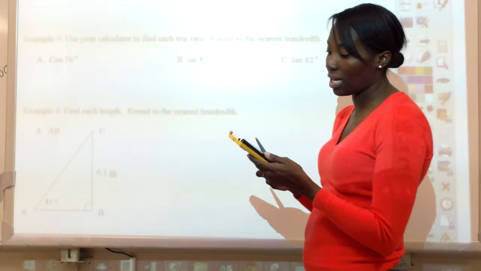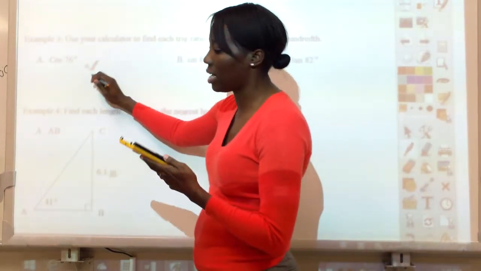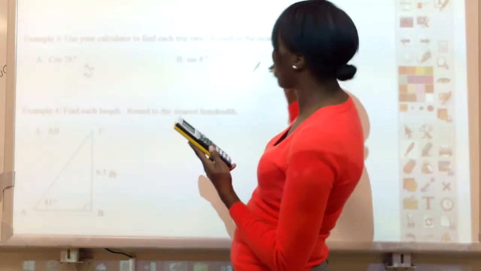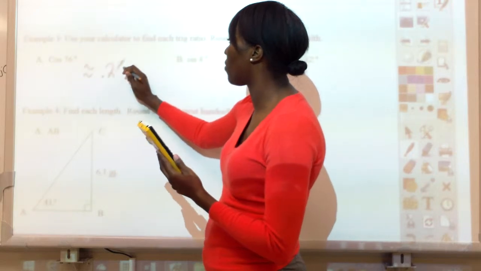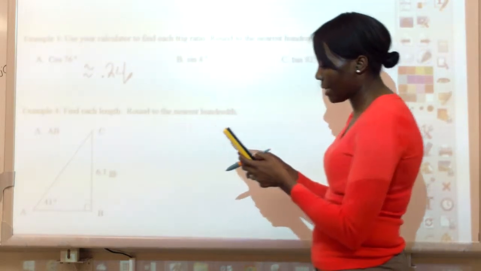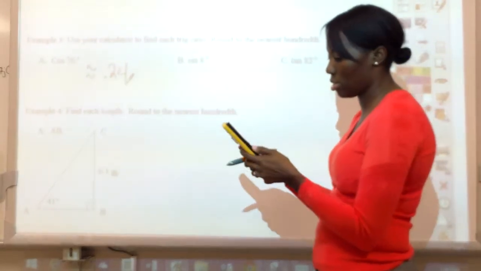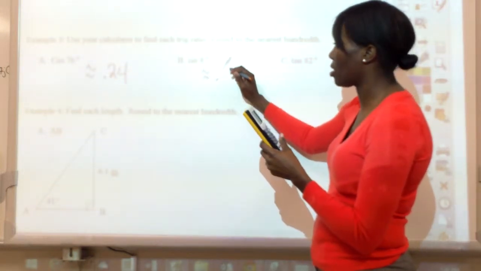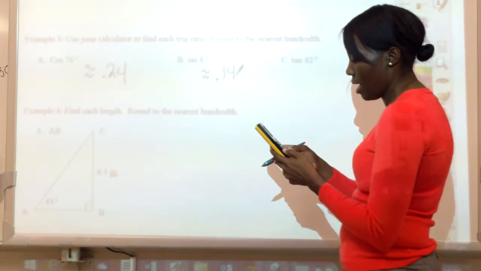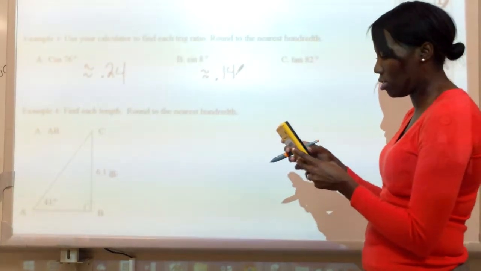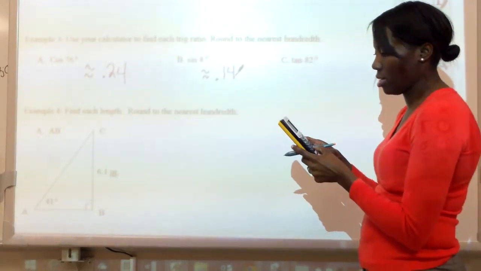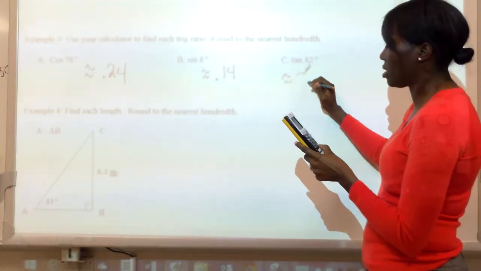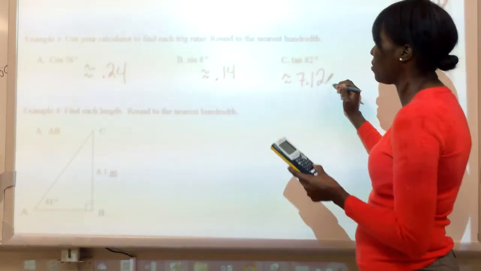And so the cosine of 76 degrees is equivalent, it says round to the nearest hundredth, to 0.24. And sine 8 degrees, don't forget your degree symbol, is equivalent to 0.14. And tan 82 degrees is equivalent to 7.12.